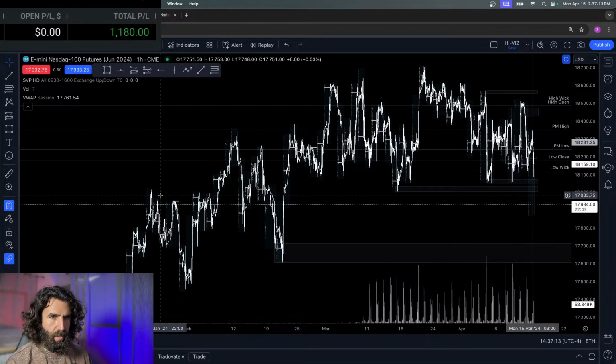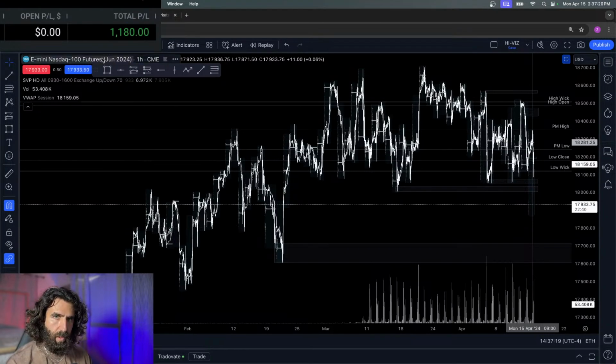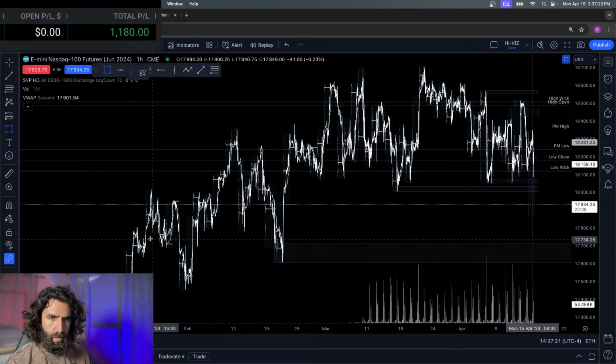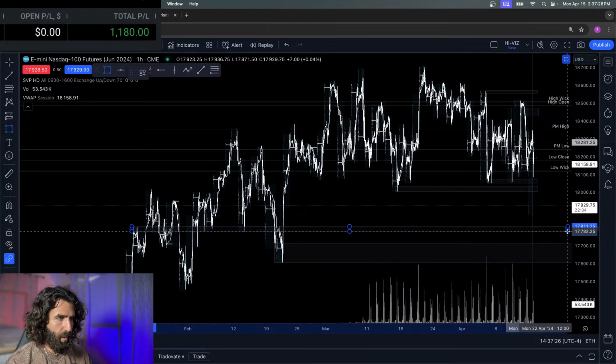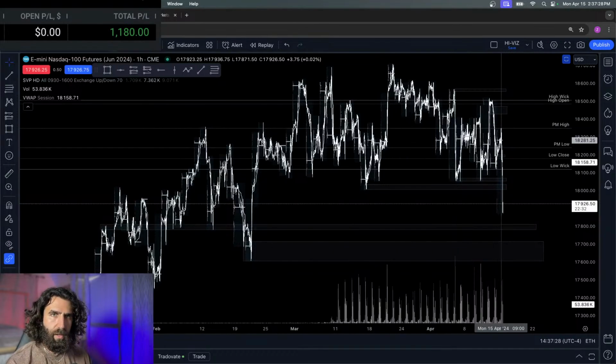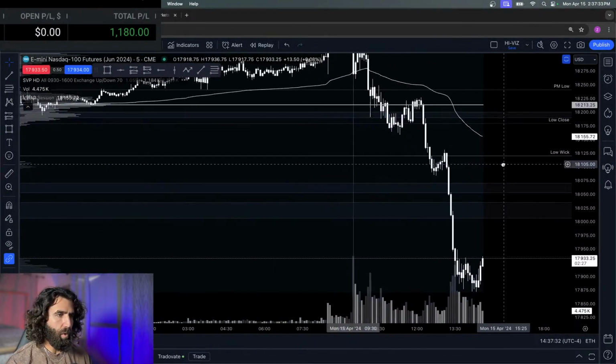Maybe we've got a zone right here that's above price, maybe a little zone right here. I'll mark that and pay attention to it. There's a little bit of support right now on the low time frame. At least it's stalling, and we're going to decide how we want to trade this one.